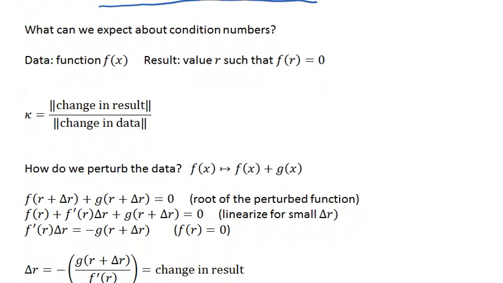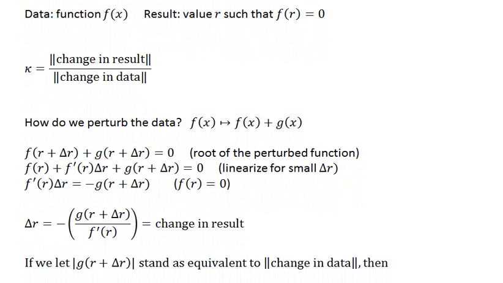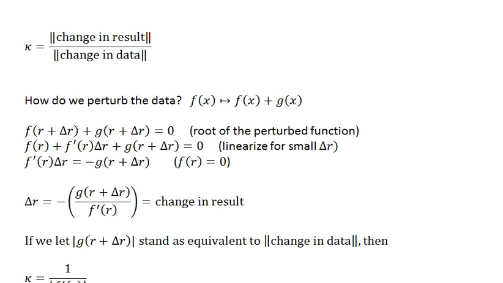Our informal definition of condition number is some norm of the change in the result divided by the norm of the change in the data that created that result. Then we have to turn it into something more mathematical. First of all, what does it mean to perturb the data?